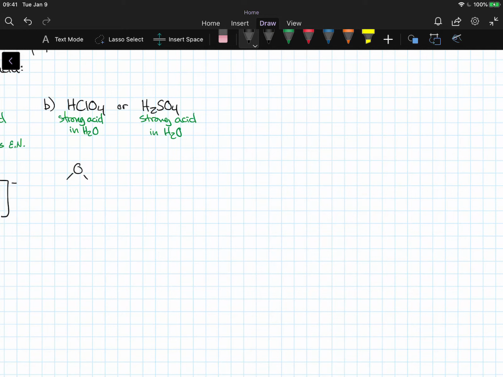We start with our water and our perchloric acid. And what happens is the lone pair on water is going to grab onto that proton. The perchloric acid is donating that proton, water is accepting it, so that makes this the base, and of course this is our acid.